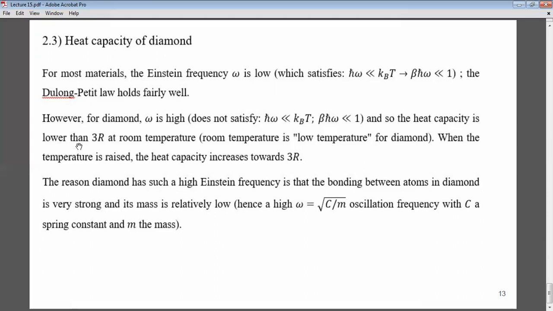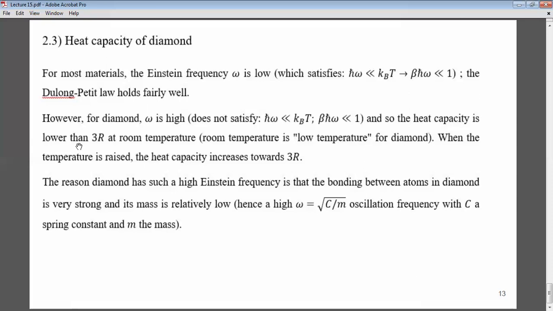The reason diamond has such a high Einstein frequency is that the bonding between atoms in diamond is very, very strong. When the bonding between atoms is very strong, the frequency of oscillation will be very high. Think of two masses connected by a spring with a very strong spring constant.